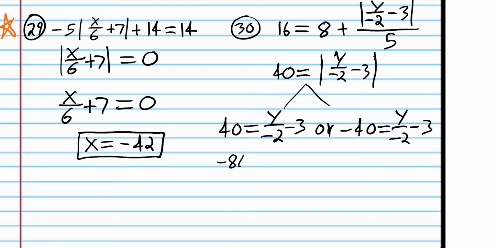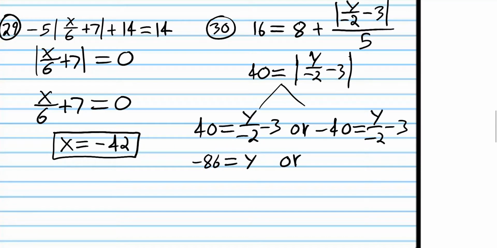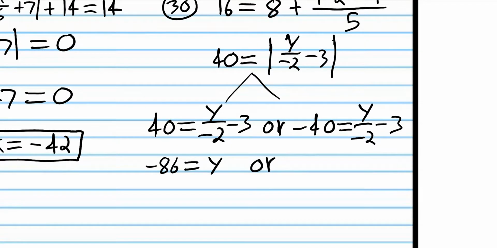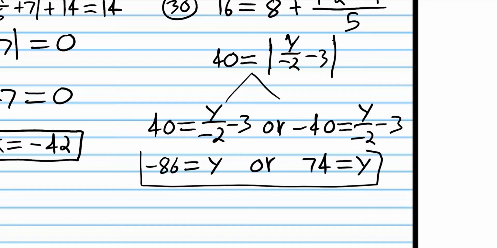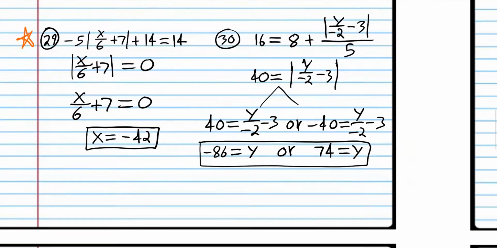So -86 is equal to y, or add 3 to both sides, and we get -37. -37 times -2 is -74. Positive 74. So if you got those two answers, good job.